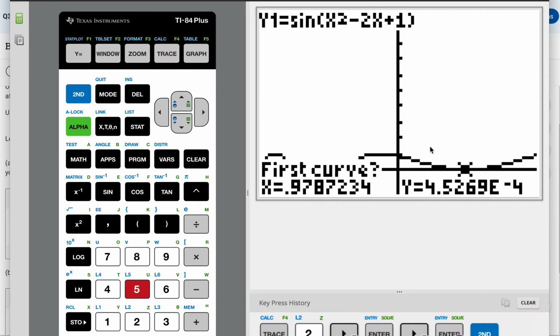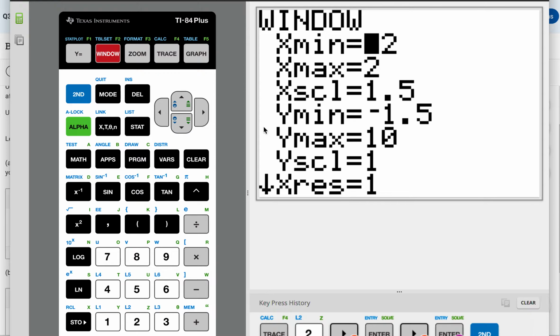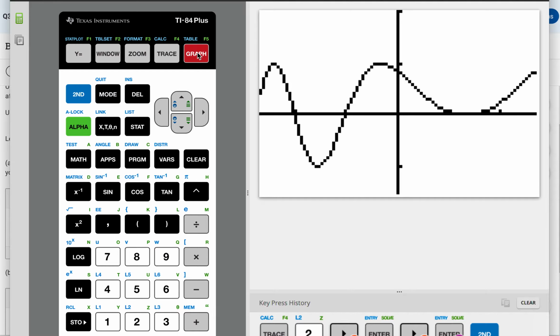Now, annoyingly, I'm going to go to the window first actually and see more in the -y. It's incorrectly here at a minimum of -1.5, and it should be a maximum of about 2, let's say. That'll probably show up better. There we go, that's more clear.